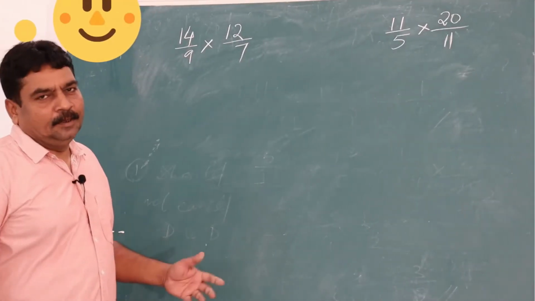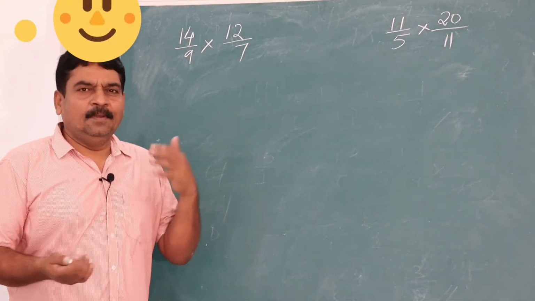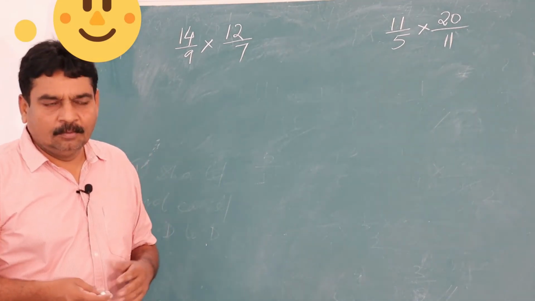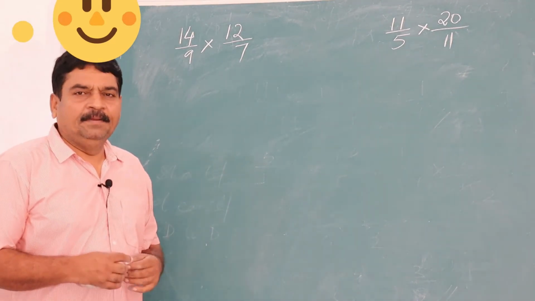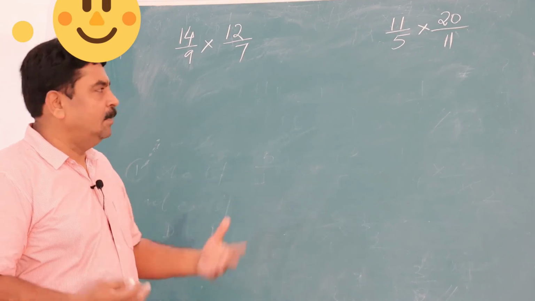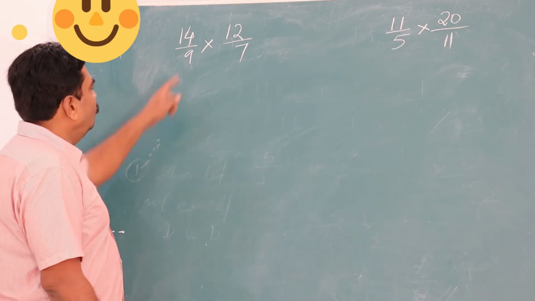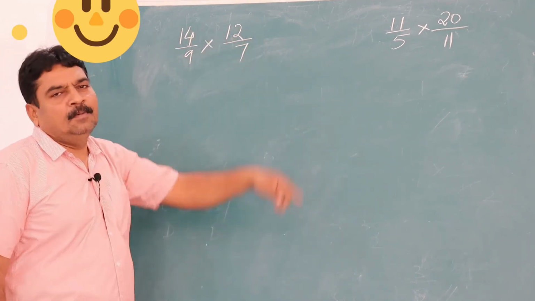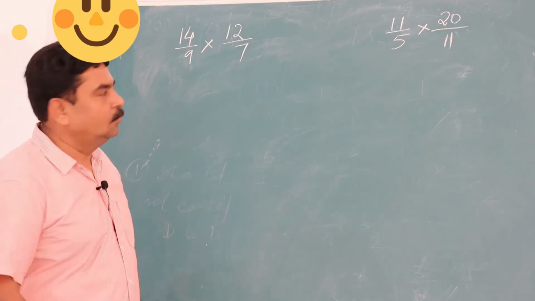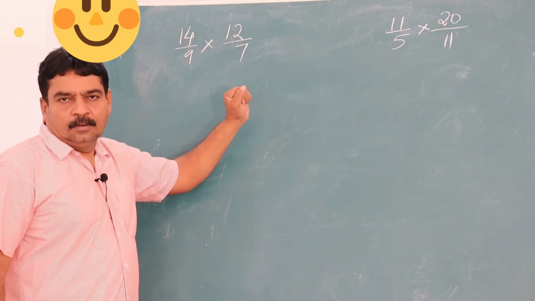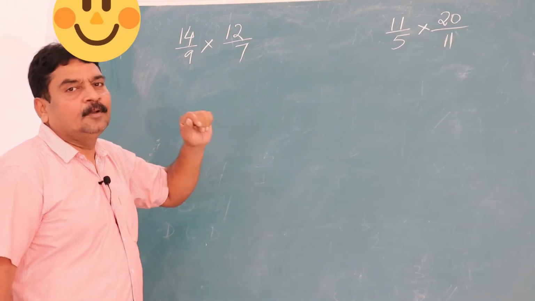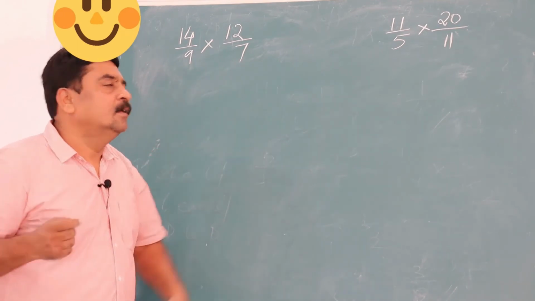Now, it's very simple. Remember what I told you in the previous question, the same thing applies here. Though 14 and 12 have a common factor, you should not cancel it. Both go in table 2, right? But you should not cancel it because they are numerator and numerator.